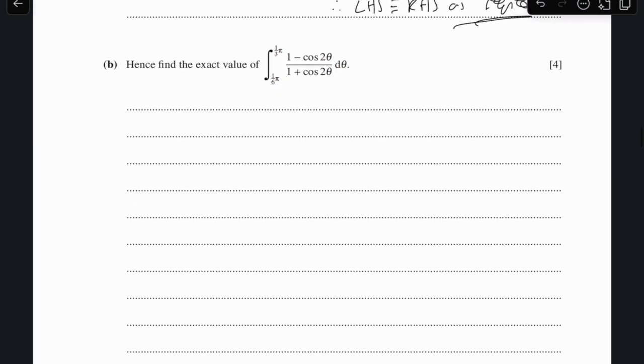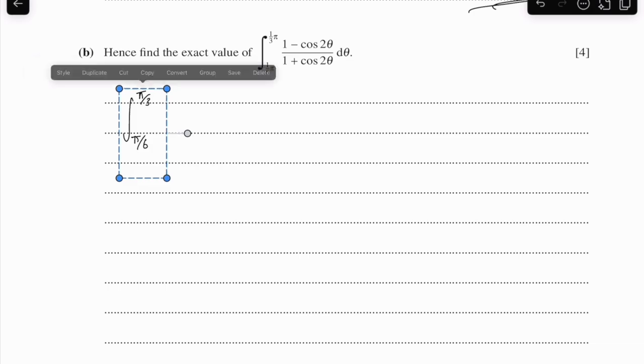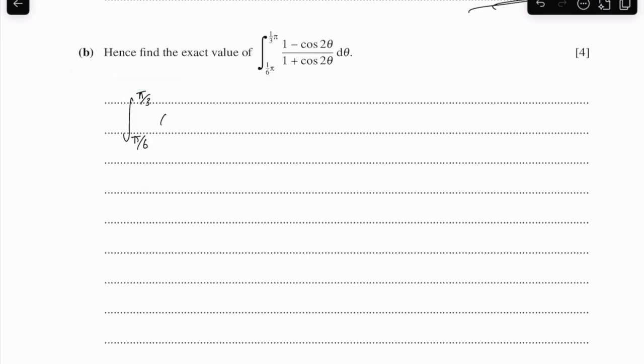So what I can say is that the integral from pi over 6 to pi over 3 of tan squared theta d theta is going to equal the integral of sec squared theta minus 1 d theta.